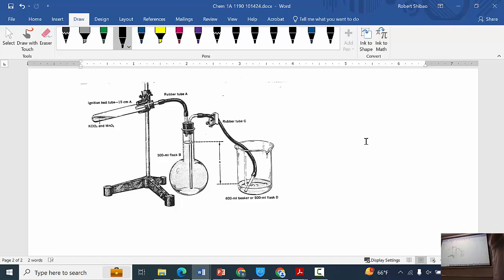And so what we'll do here is put the utility clamp at about a 45-degree angle. There's a little lock nut here. You can adjust the angle here. Once you get the angle to about 45 degrees, you can lock it by turning it clockwise. All right, and then with the utility clamp, you need to clamp this at the very top of the test tube here.